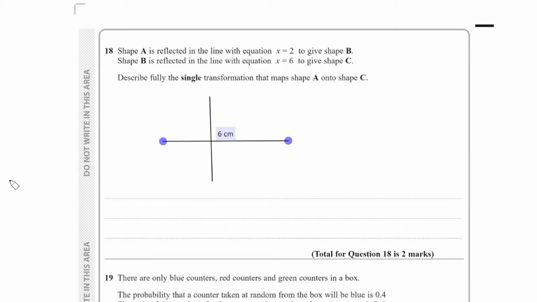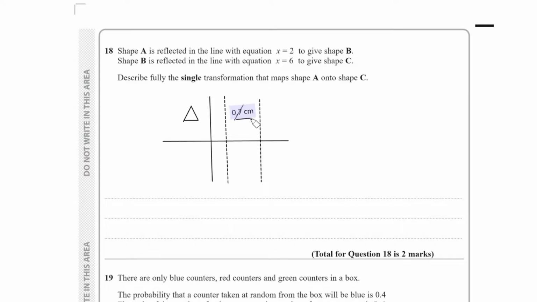So let's say you put the axes, and then where x is 2 is, let's say here, and then x is 6 would be like here, wouldn't it? So I'm just going to make this up. Let's imagine that I've got a triangle here. If that was reflected, I know this is not accurate, but it would go to here, wouldn't it?